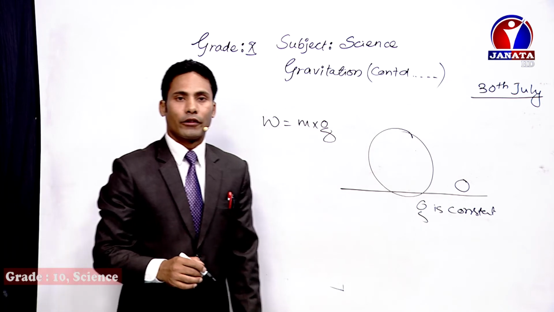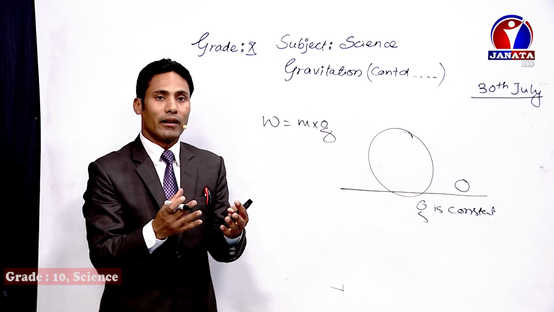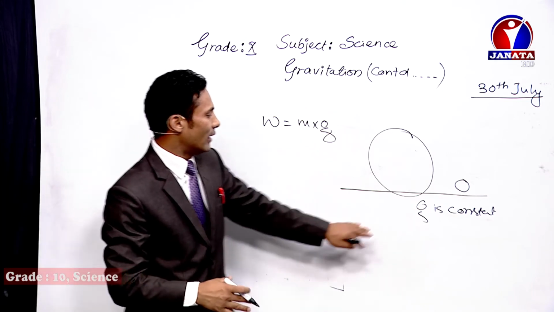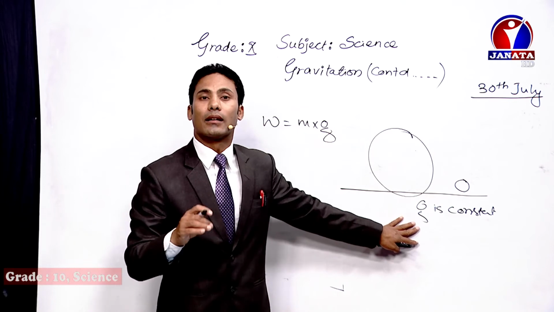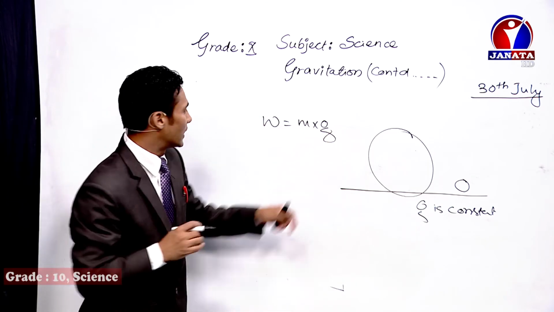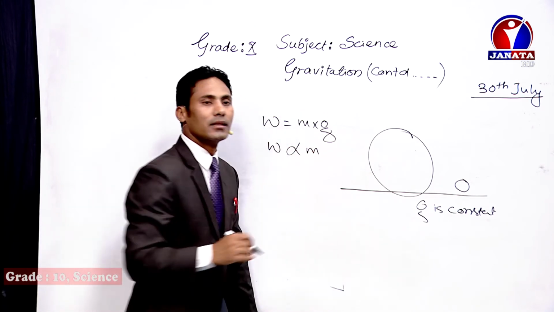For example, if in this place we are lifting the large stone and the small stone, then the place is the same. And if the place is the same, then acceleration due to gravity is constant. Now, if this acceleration due to gravity is constant, then can you write down that weight is proportional to the mass?